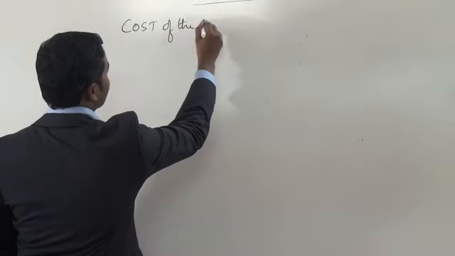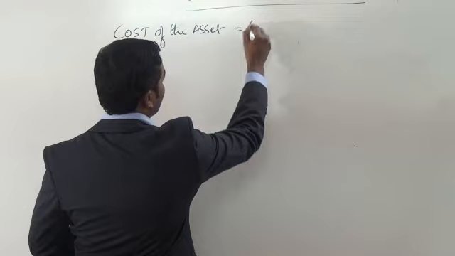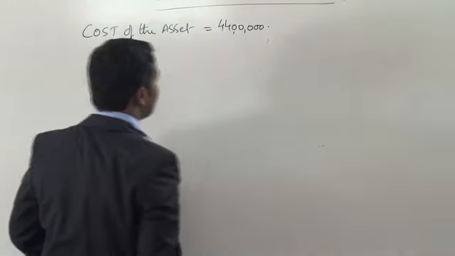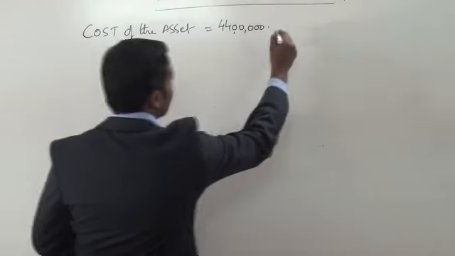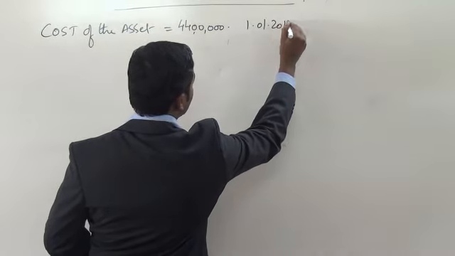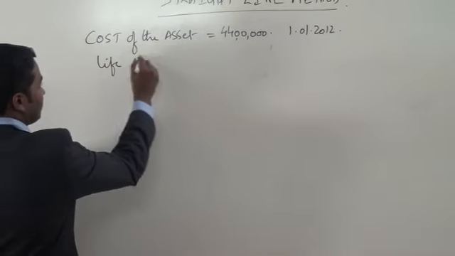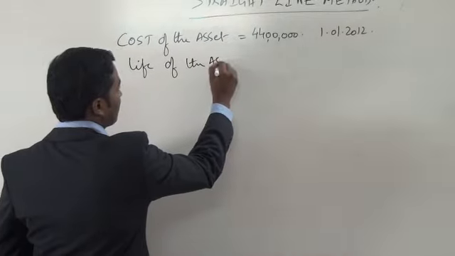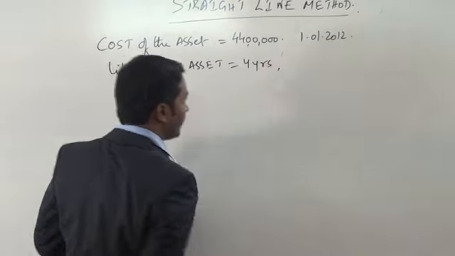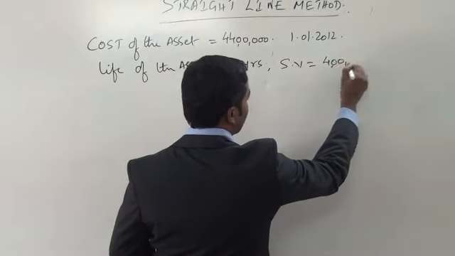Cost of the asset, let us say it is 44 lakhs. The asset was purchased on 1st January 2012. Life of the asset is 4 years and scrap value is 4 lakhs rupees.